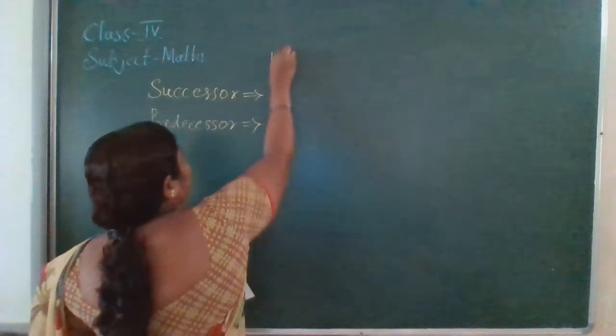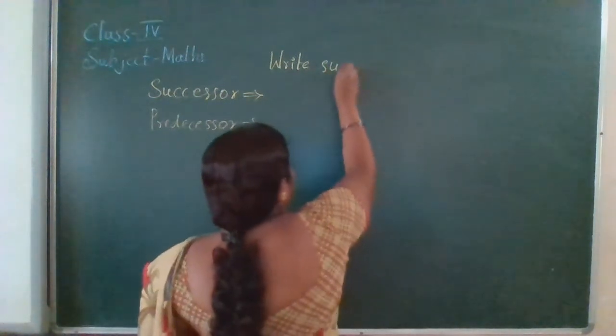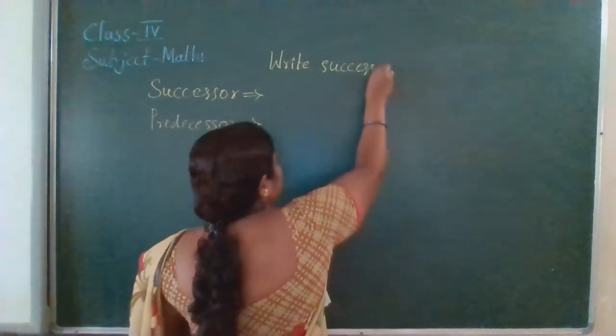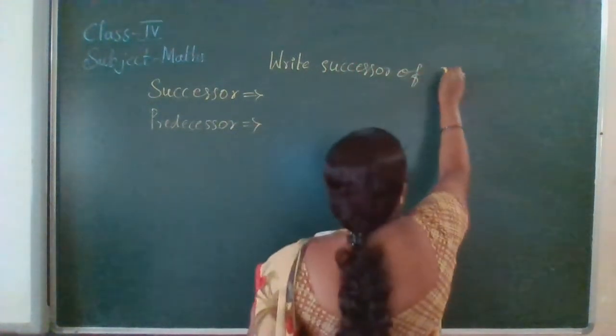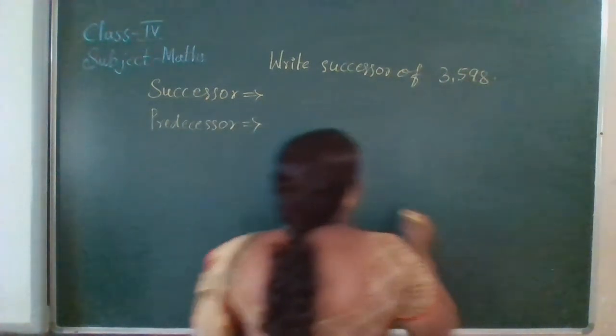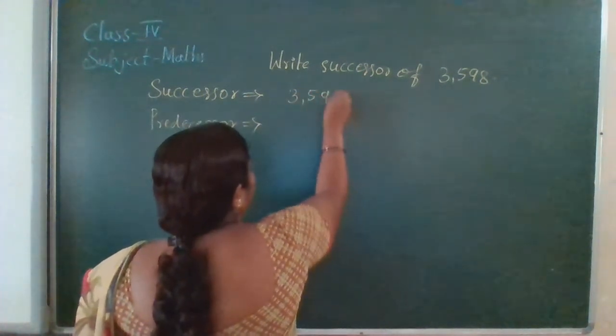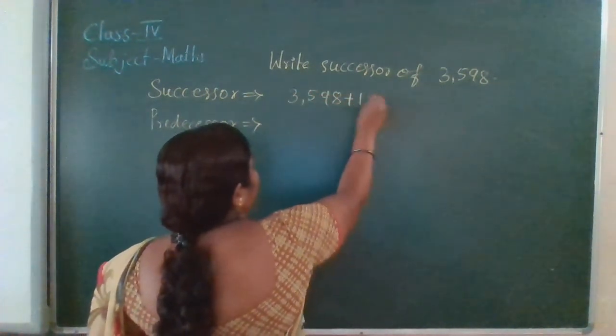Suppose, write the successor of 3598. So what we have to do is 3598 plus 1.